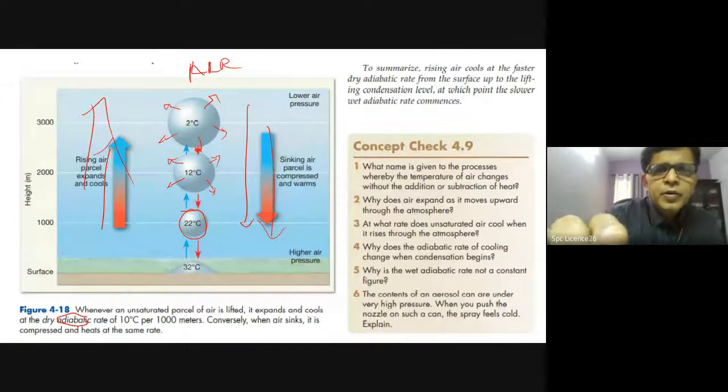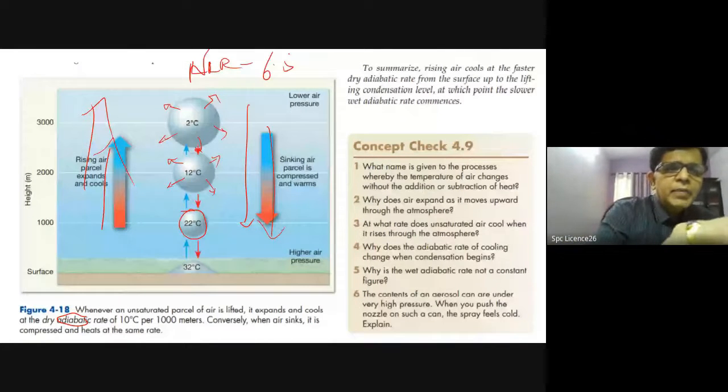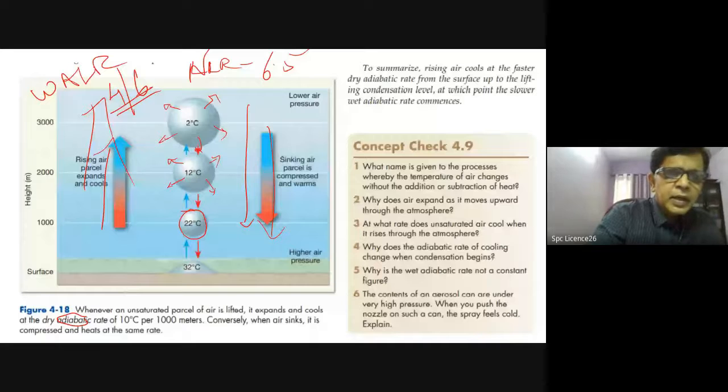We have seen that the normal lapse rate is 6.5. Wet adiabatic lapse rate is around 4 to 6, and dry adiabatic lapse rate is say 9 onwards or 8 onwards.